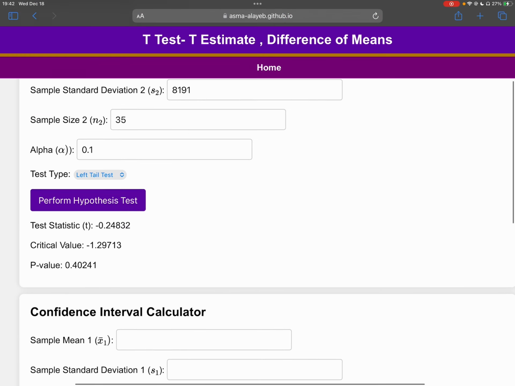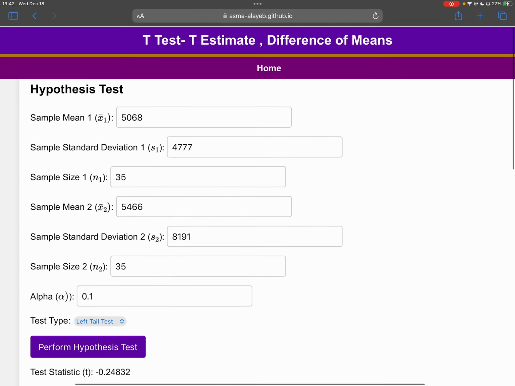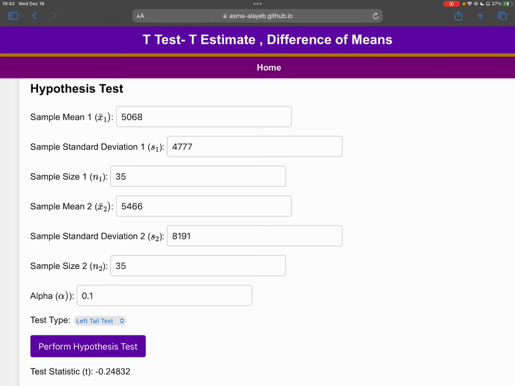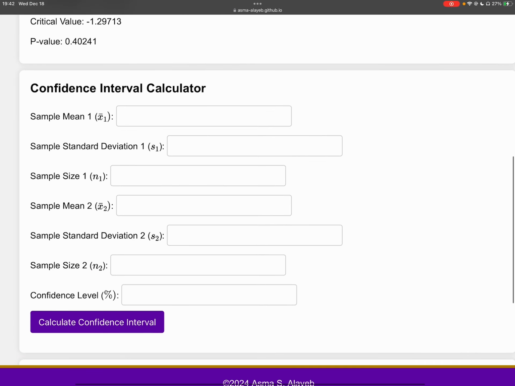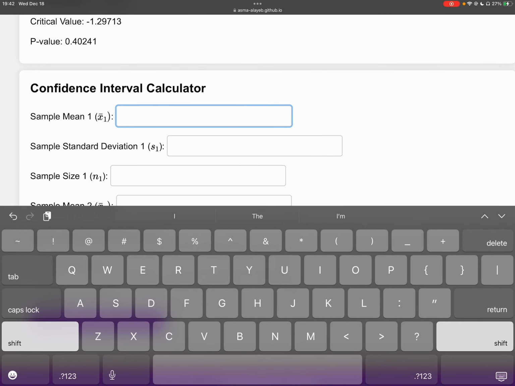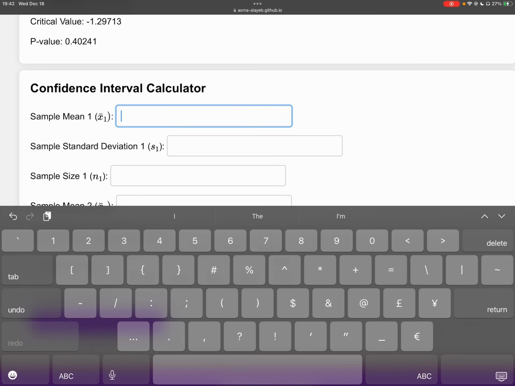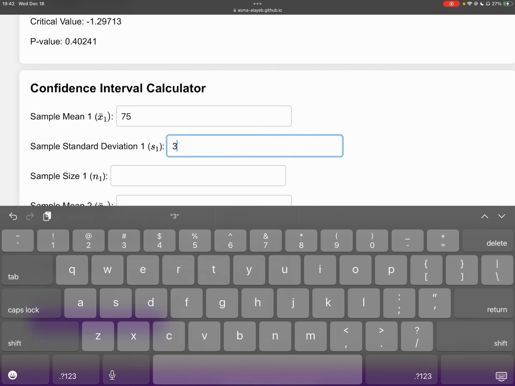This is on the same page as the hypothesis test for the t-test and t-estimate for the difference of means. And I have a confidence interval calculator here. So my sample mean 1 is the sample mean for the third grade class, which was 75. Their standard deviation was 3, and their sample size was 30.